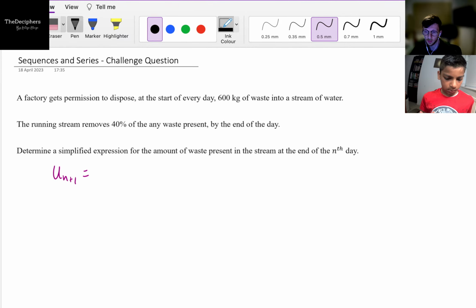So how much waste was in the previous day, where u_n is the amount of waste from the previous day? Okay, so it's 600 kilograms. 40%.